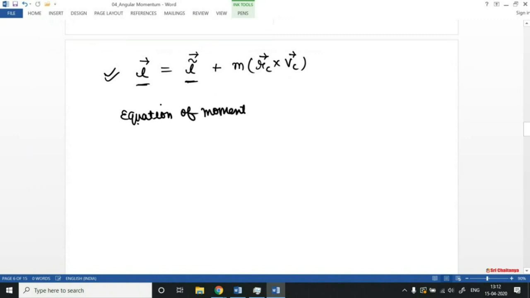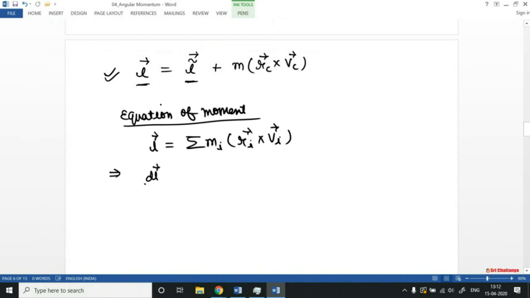moments. Okay, so L for a system of particles, we have already got it as mi ri cross vi. So if we take the time derivative of this L, dL/dt, that will simply give us, let's write it as ri cross pi.